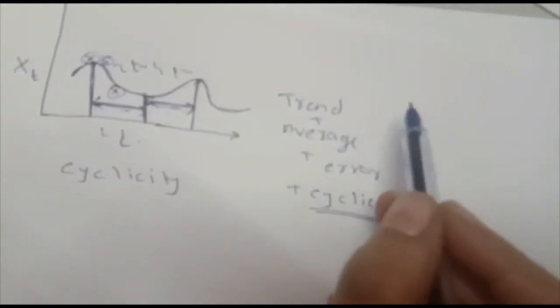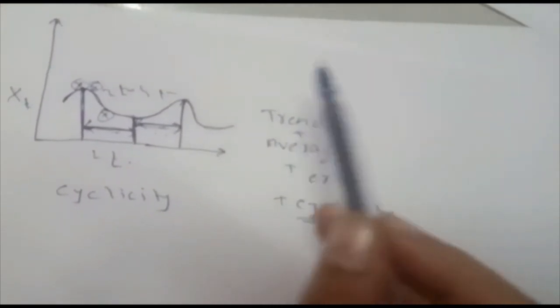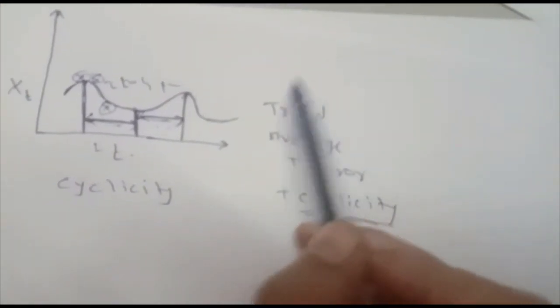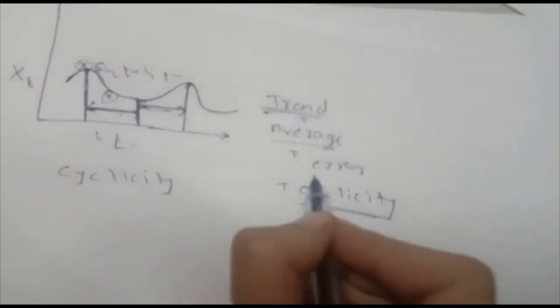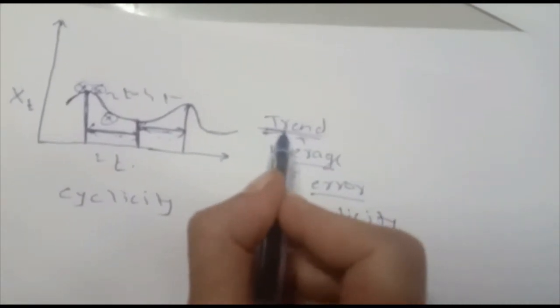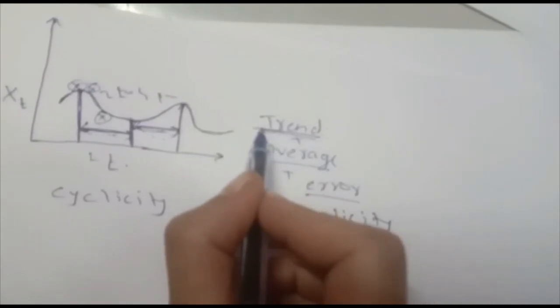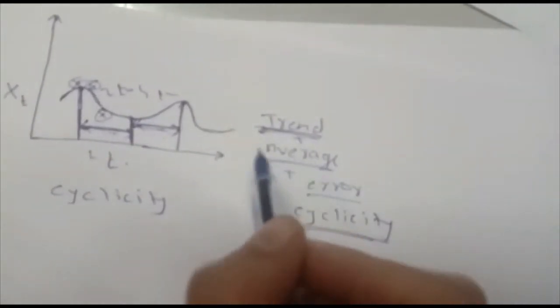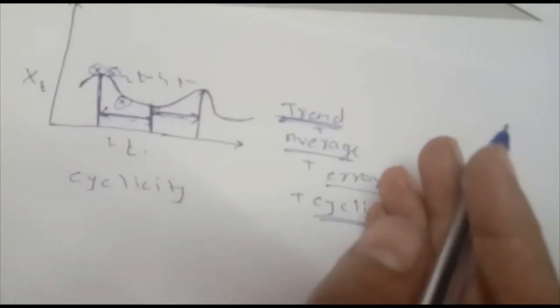So what is the use of these components of time series analysis? Using these components we can predict the future value. If you know what is the trend, what is the average value, what is the error, whether the demand trend is increasing or decreasing, what is the average value, on the basis of that we can predict the future value of the demand.